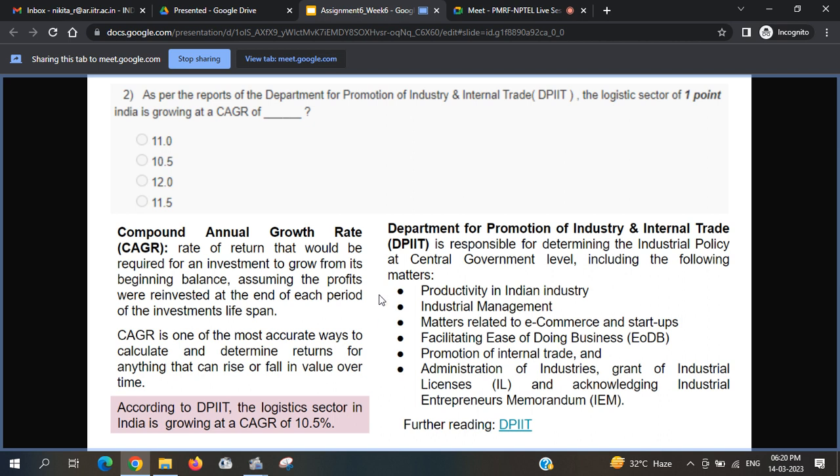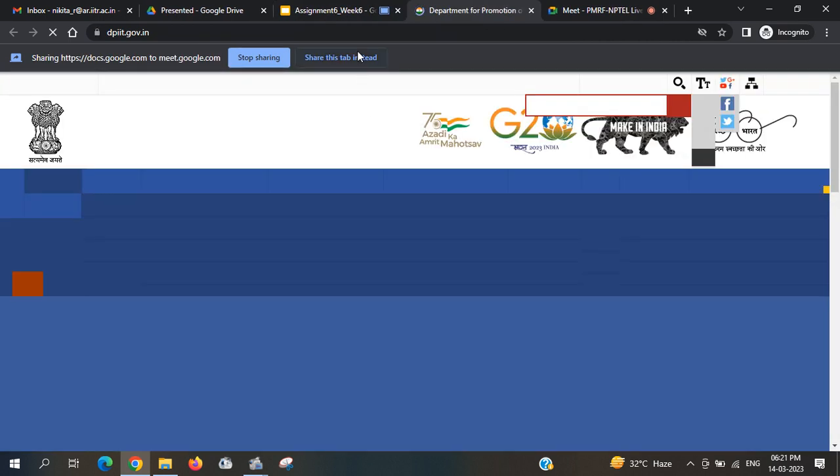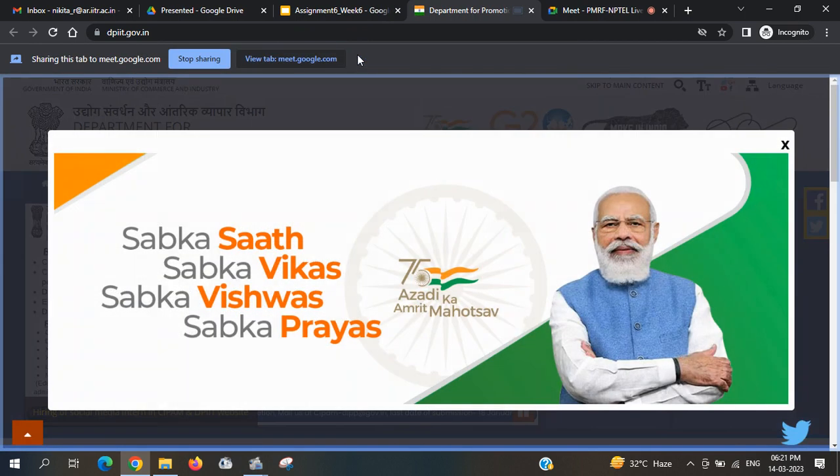Although I was not able to find the DPIIT's original report, this has been mentioned by several other consultancies which study the growth of the logistics sector in India. Apart from that, I have also linked DPIIT's website here for you.